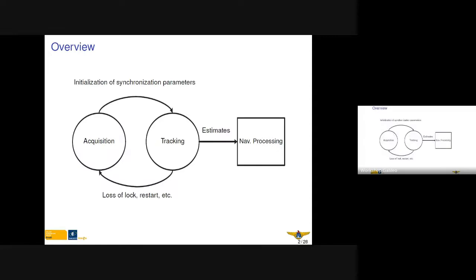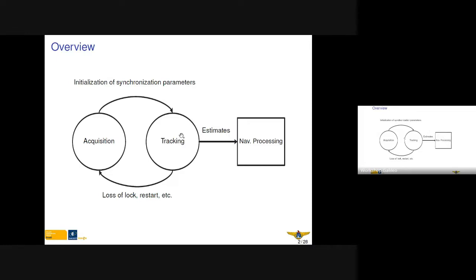So in general, this is an overview of the complete signal processing of a GNSS receiver. We can also highlight with this again the 2 parts of our course. The first 6 lectures are about this part here on the left, so about acquisition, tracking, and the signals. And the rest of the course, starting from Thursday till Tuesday next week, will deal with the navigation processing.